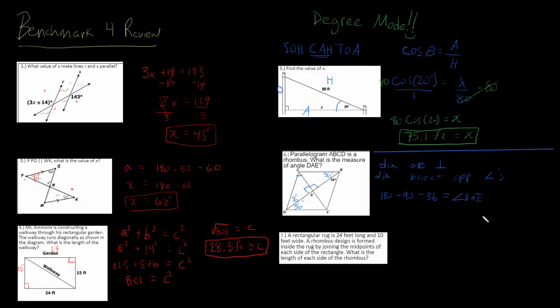Okay, so 180 minus 90, well, that's 90 minus 36. 90 minus 36, what does that come out to? It's, what, 54? 54 degrees is equal to the measure of angle DAE.